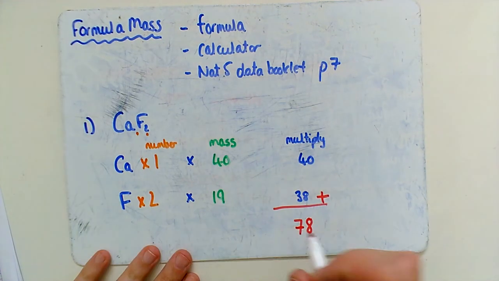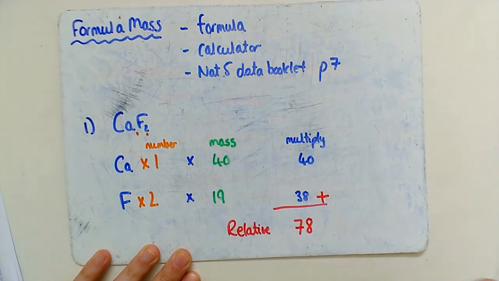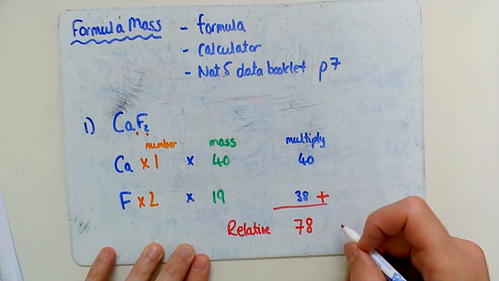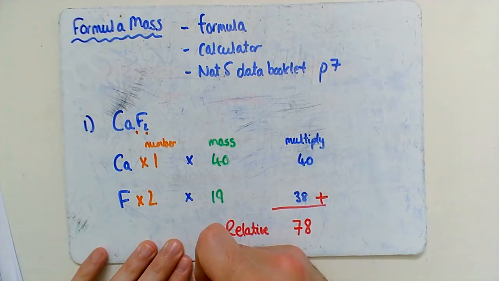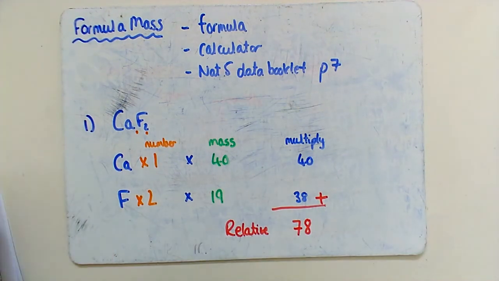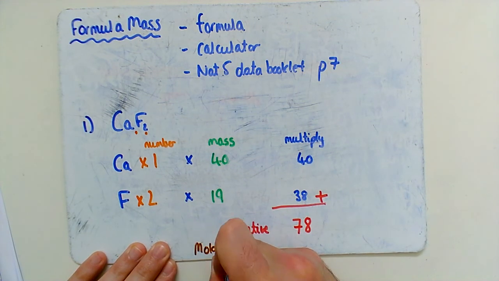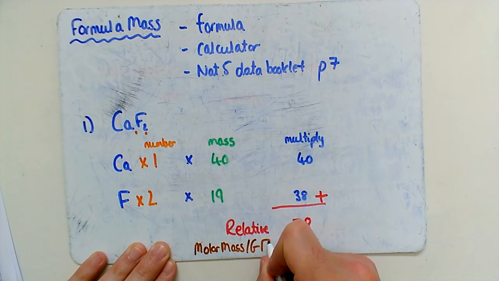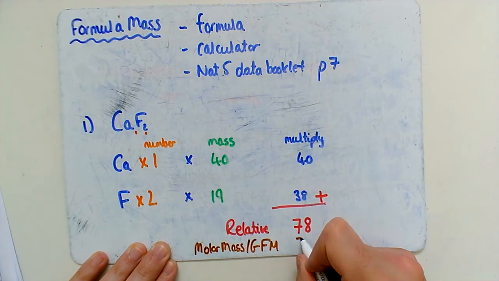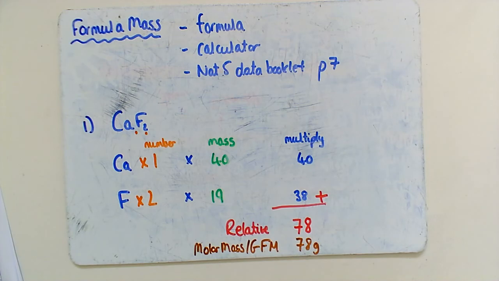Now, if it is relative mass, we would just have 78. However, if it is molar mass, or gram formula mass, it would be 78 grams. The only difference is putting that unit in.